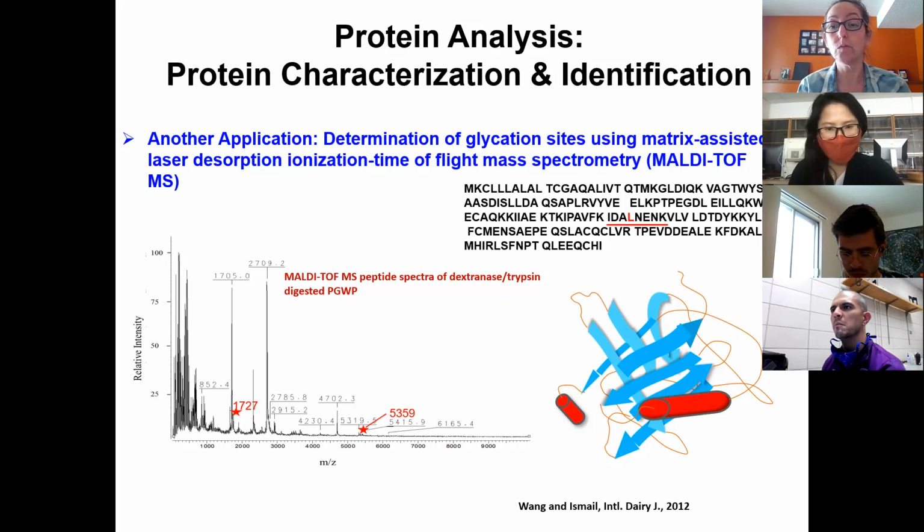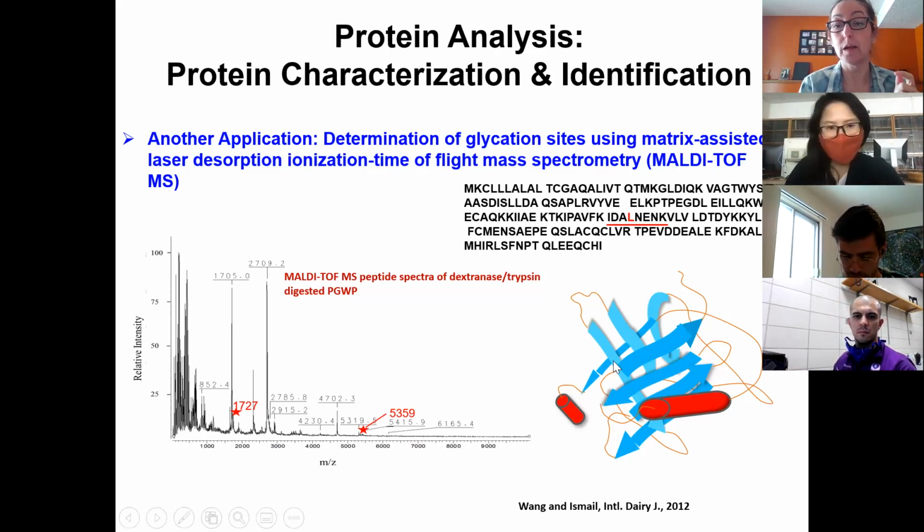So we wanted to see what changed, or where the site of that glycation occurred that resulted in this rigidity of the structure. So we got our protein that was glycated, and we subjected it to trypsin hydrolysis and also to dextranase, an enzyme, so that we break the long chain of carbohydrates so that it can easily fly and can be detected.